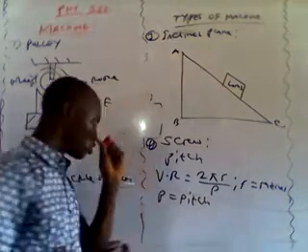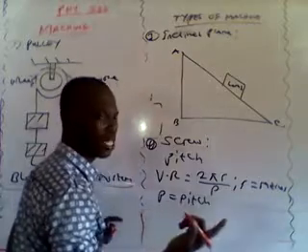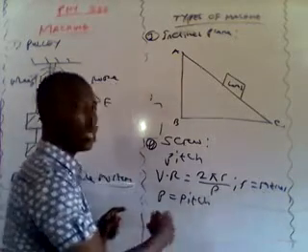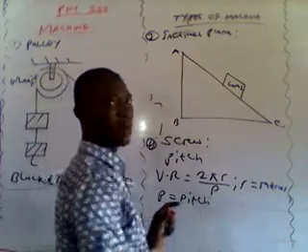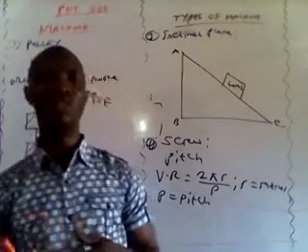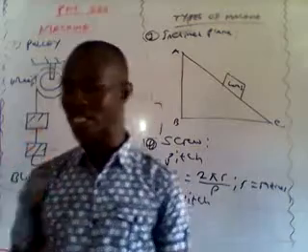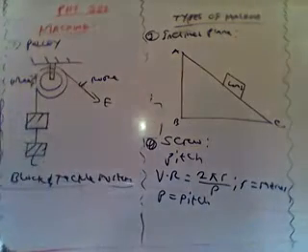Make sure that when you are solving for the velocity ratio of the screw, both the radius and the pitch are in the same unit, maybe centimeter and centimeter, or meter and meter. But mind that, especially in physics, you should always work in SI units, that is, standard units.